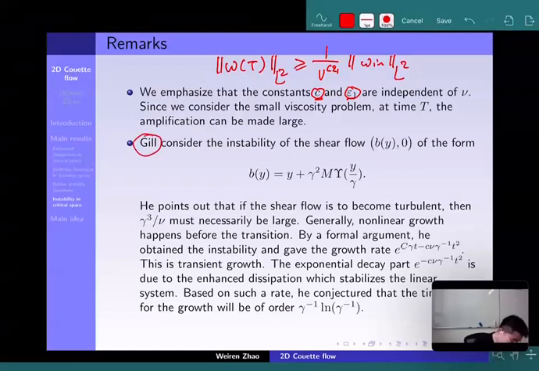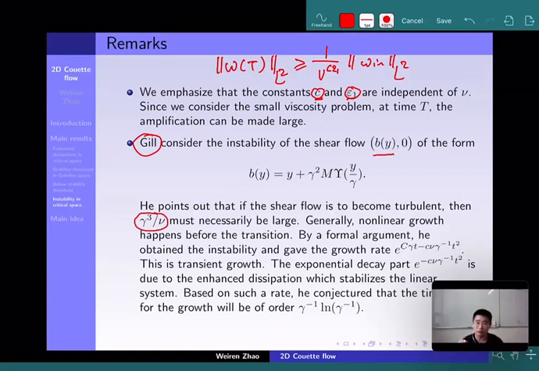Okay, then the second remark is that in a very old paper, Gill gives a very formal discussion about the instability of shear flow, and he says that if the shear flow is of this form, then he points out that if the shear flow is to become turbulent, meaning it becomes unstable, then gamma cubed divided by nu must necessarily be large.